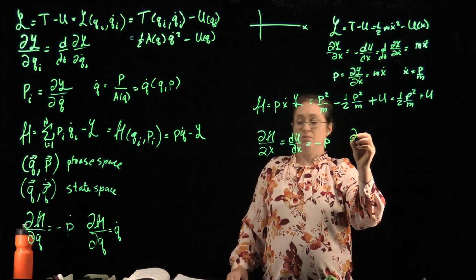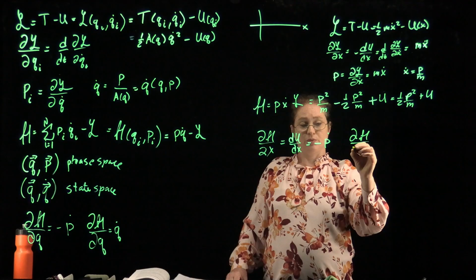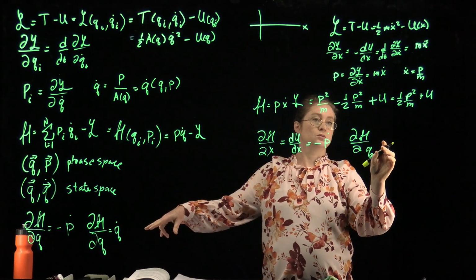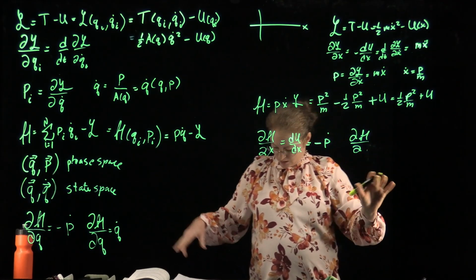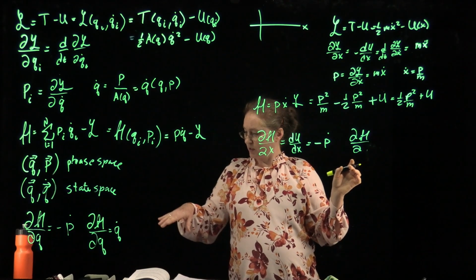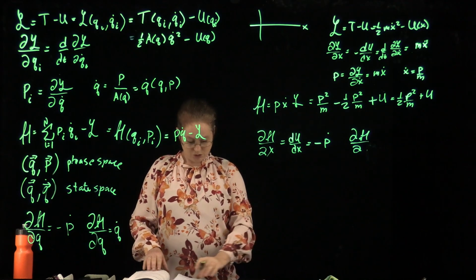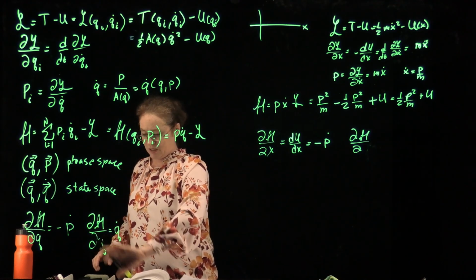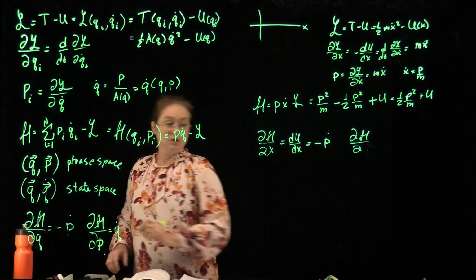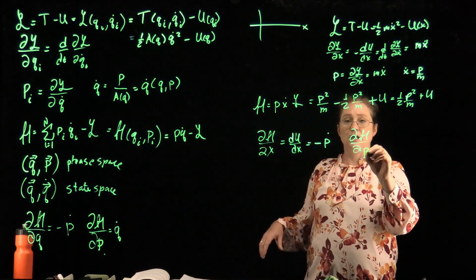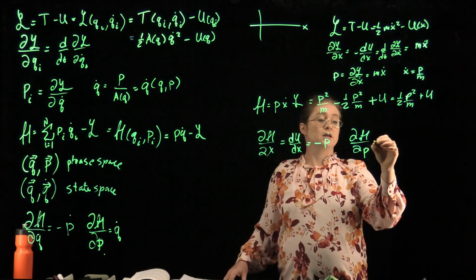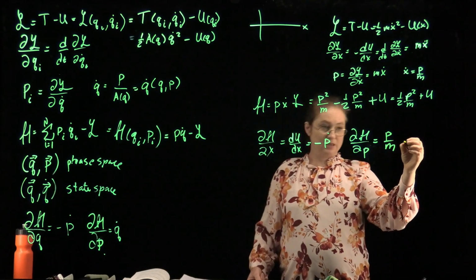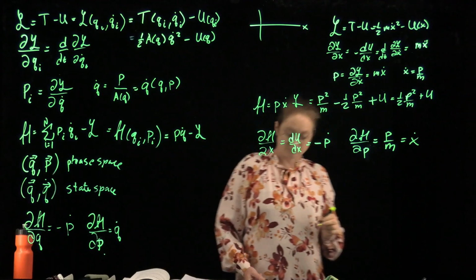Our second one, partial H partial p, I have a typo, this should be a p. Partial H partial p is then p over m, and that is equal to ẋ.